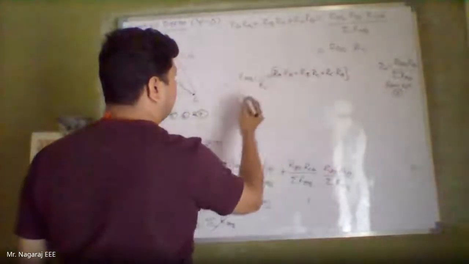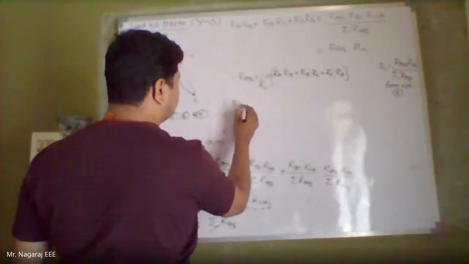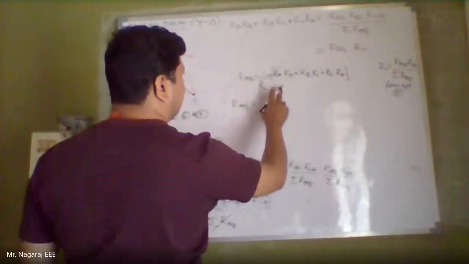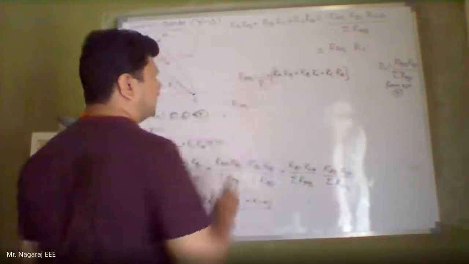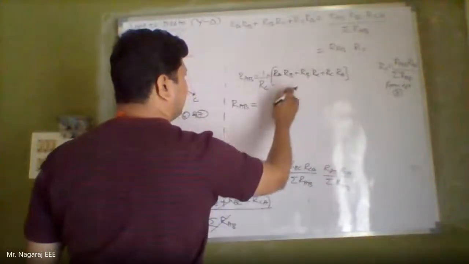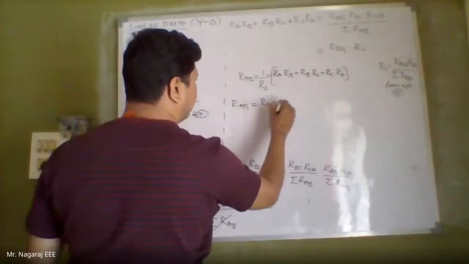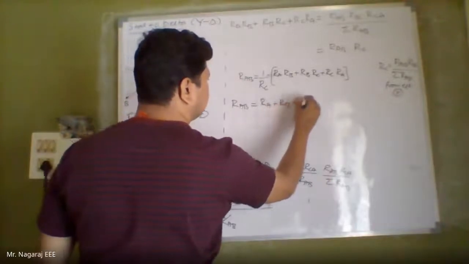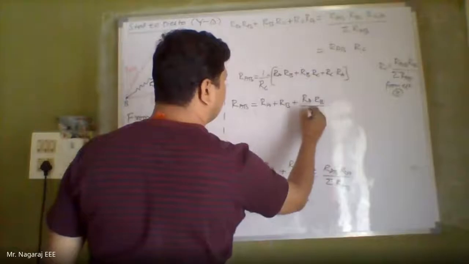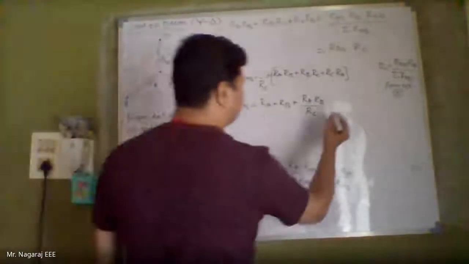Now, if I multiply 1 over RC to all the three terms, I get RAB equal to RARB by RC plus RBRC by RC, which is RB, plus RCRA by RC, which is RA. So I will write it as RA plus RB plus RA into RB divided by RC. So this is equation 8.